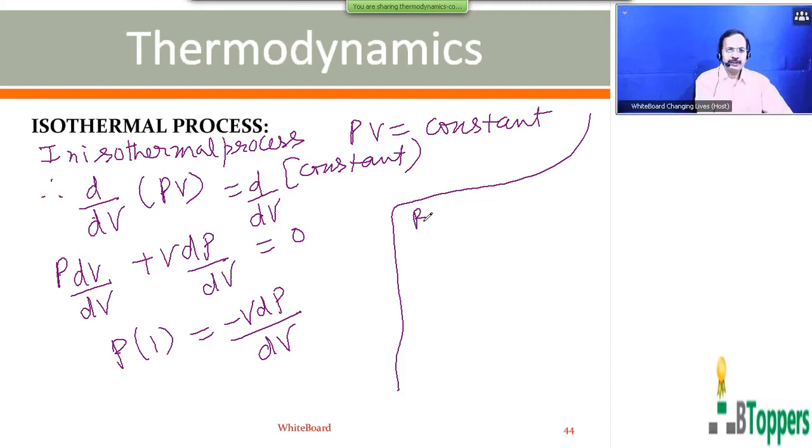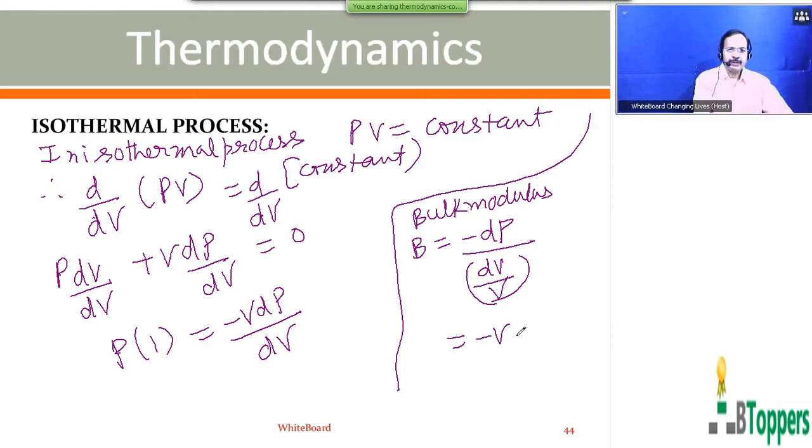The bulk modulus of elasticity, from its definition, denoted by B, is volume stress by volume strain. Mathematically you can write minus dP by dV by V, or minus V dP by dV.